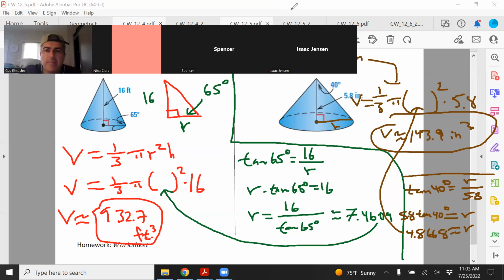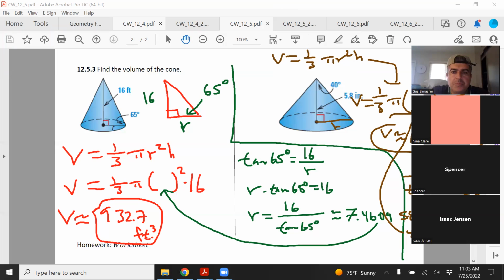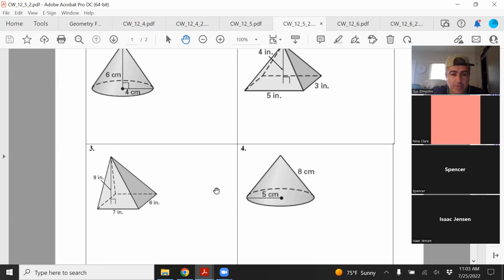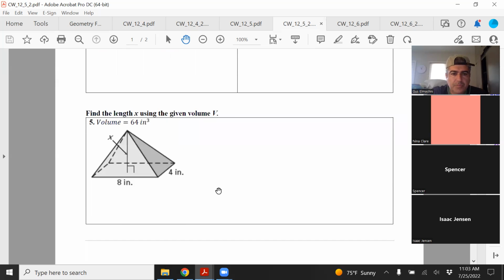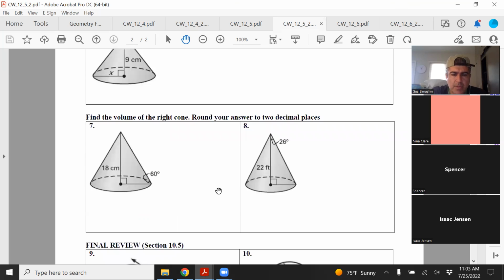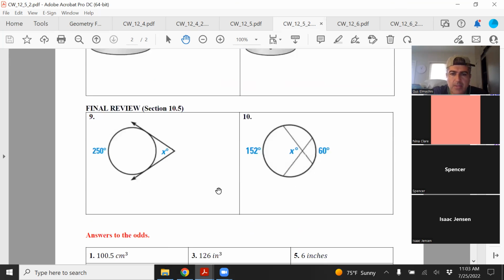Okay. So let's work through the 12.5 worksheet right here. So you have to find the volume. Remember, 1/3 pi r squared h is for a cone, 1/3 base times height is for a pyramid. Obviously, if your base is rectangular, use the area formula for a rectangle, or if it's a square, use the area formula for a square. You're supposed to solve for x, more stuff that comes with trig. And then some final exam review stuff.